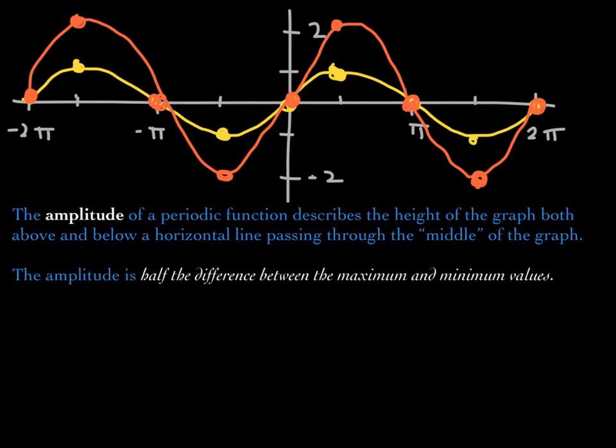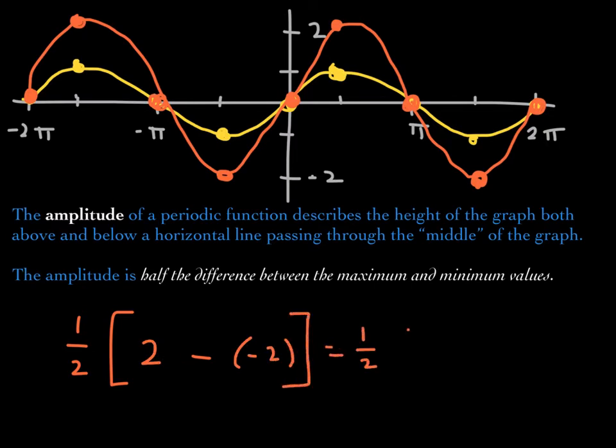Now, arithmetically, it can be found by finding half the difference between the maximum and the minimum values. So half the difference between the maximum, and I'm looking at the orange graph here, everybody, the maximum is 2 and the minimum is -2, right? So this is basically half of 4, which is 2. So here's the amplitude.